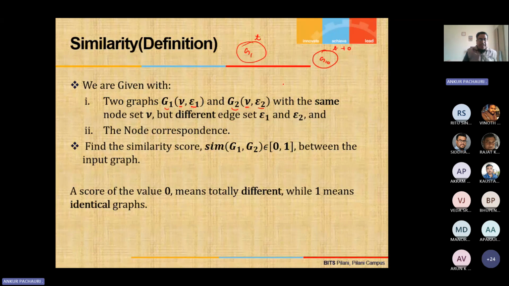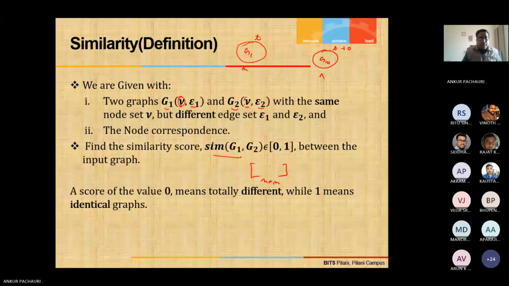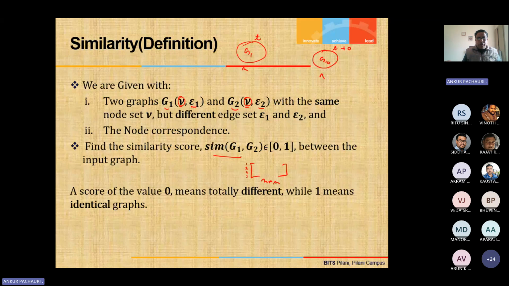In that case, I want to find a similarity score that will be a matrix of order n cross n, because the size of the graph has not changed. This will be, suppose, nodes 1, 2, 3, 4 on each axis, the number of nodes.